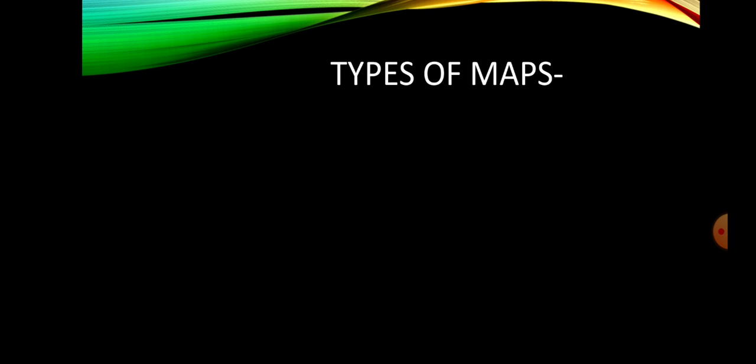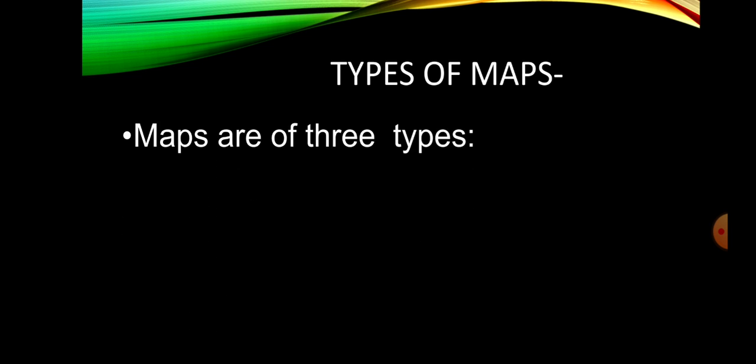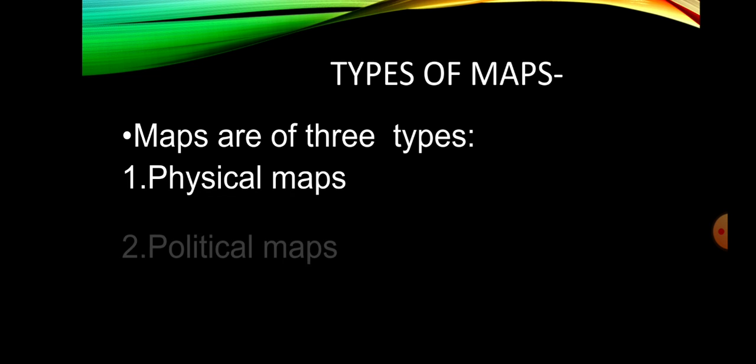Now we will talk about types of maps. Maps are of three types: physical maps, political maps, and thematic maps. First, we will talk about physical maps.